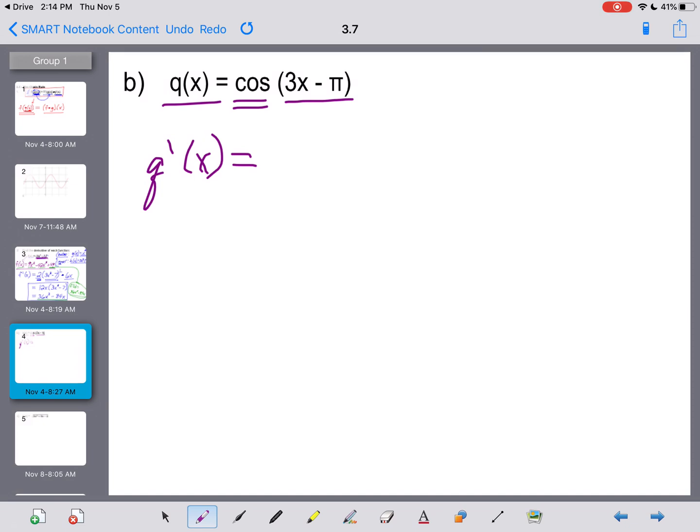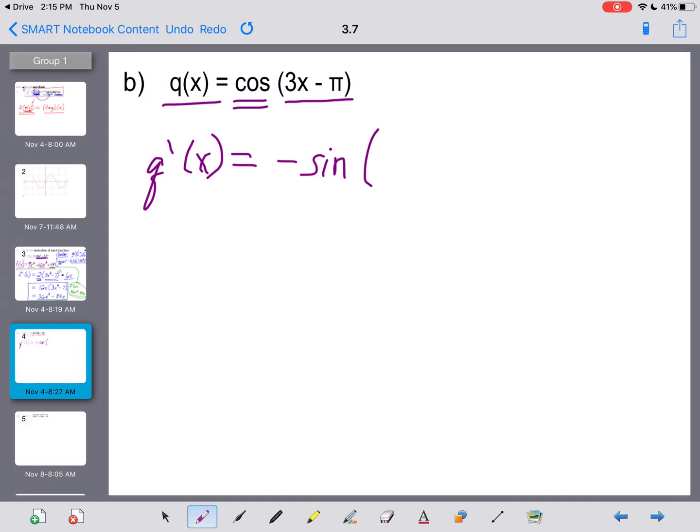And the derivative of cosine of any angle is the opposite of sine, but this becomes really important now, you guys, of the exact same angle. And that's why I made a point of saying in the 3.6 notes that I want you guys to remember the angles and not just say to yourself the derivative of cosine is negative sine. Okay, or that tangent is equal to sine over cosine.